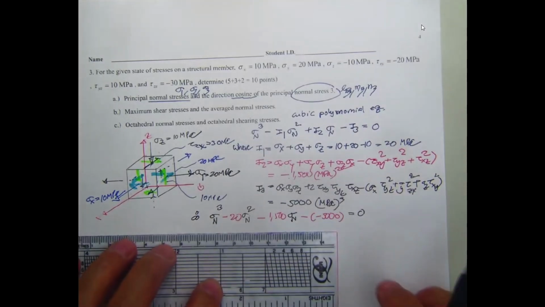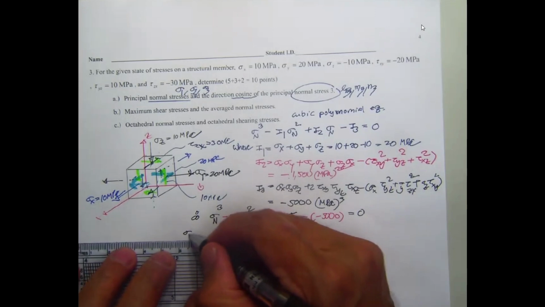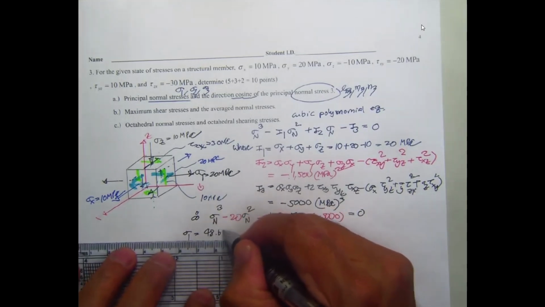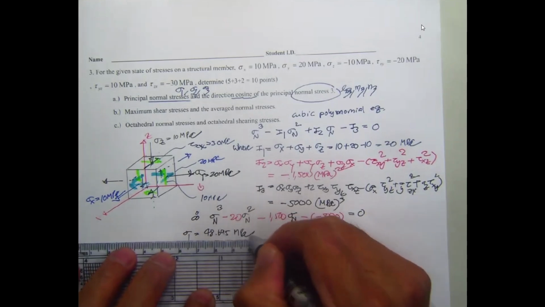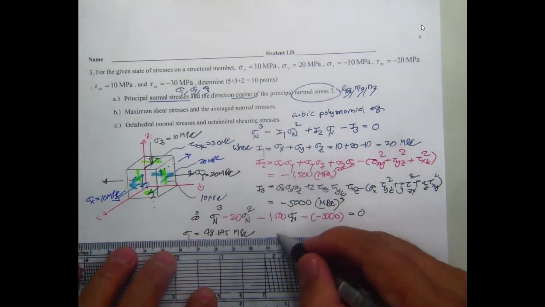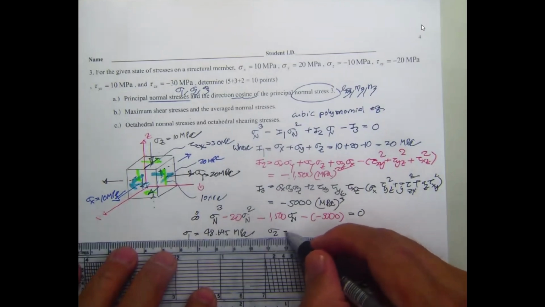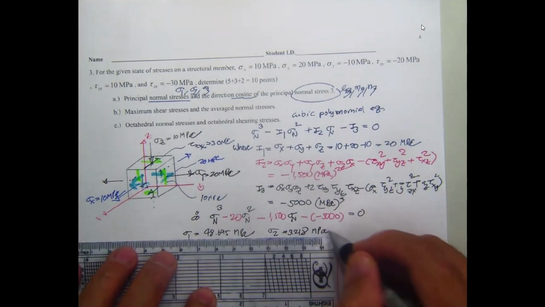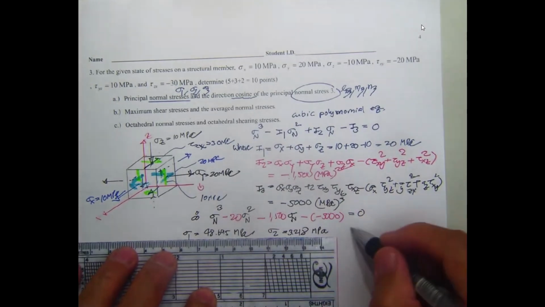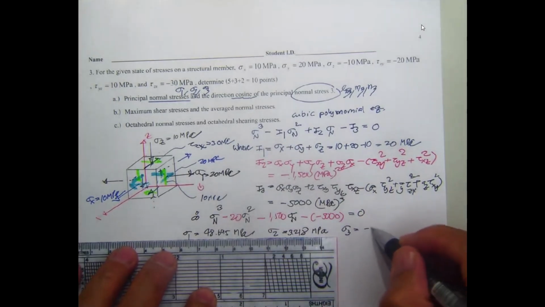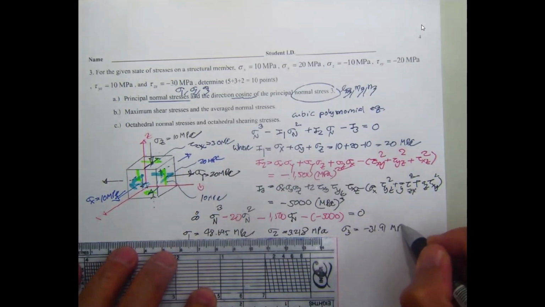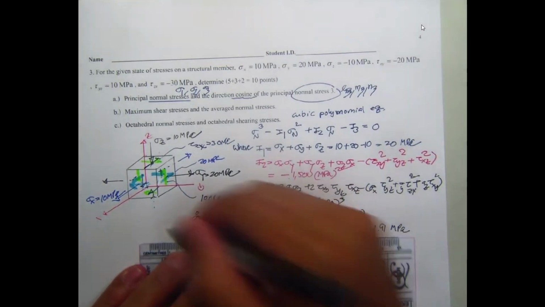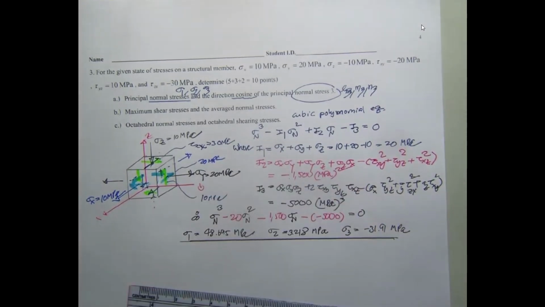You put it into your calculator, and you should get sigma 1 equal to 48.695 megapascal, and sigma 2 is going to be 3.218 megapascal, and sigma 3 is going to be minus 31.91 megapascal. That's going to be the principal stresses.